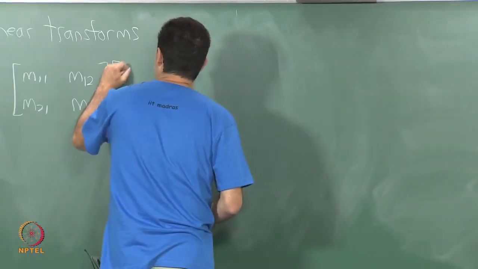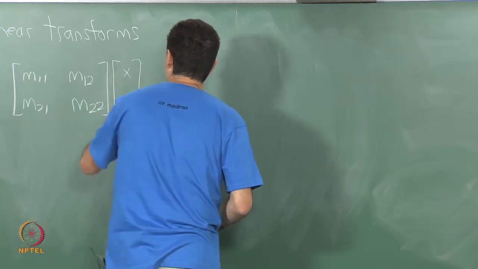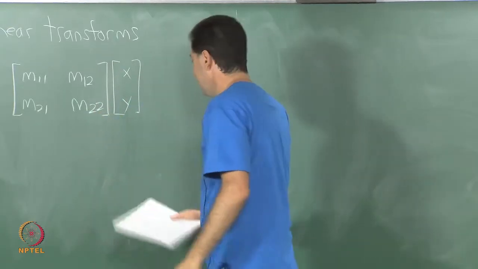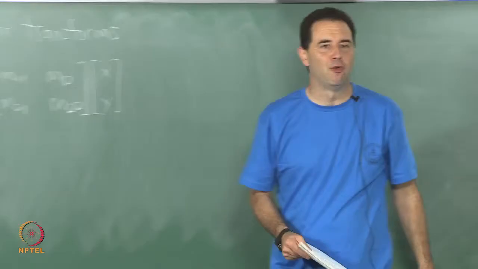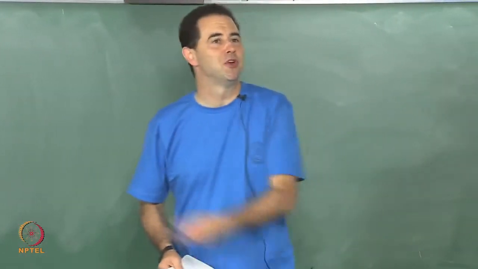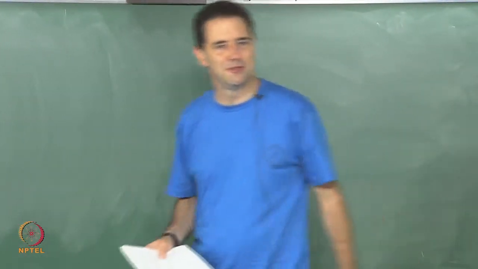So, instead of having x, y, z, I just have x, y. I'm writing it vertically so that we can perform matrix operations. Someone thought it was a good idea to write it that way, so we consistently do that in linear algebra.